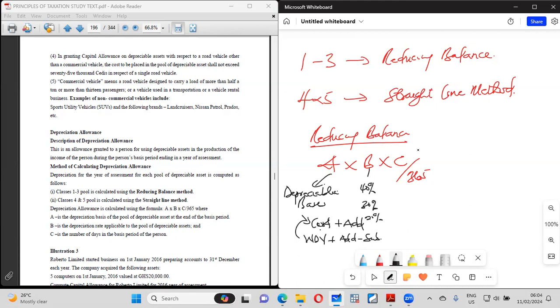Then C, you have to be careful about C, because C is the number of days in the basis period of the person. The number of days.